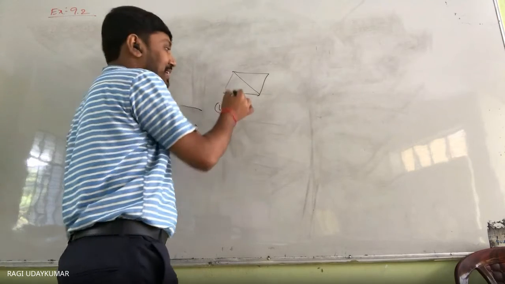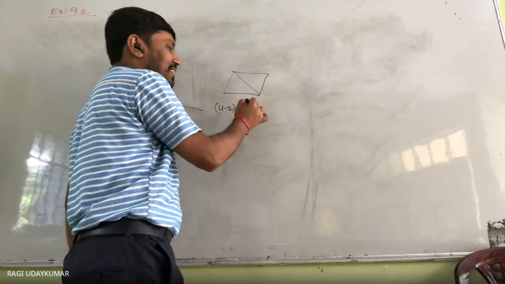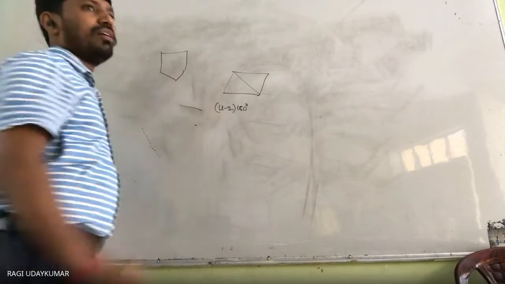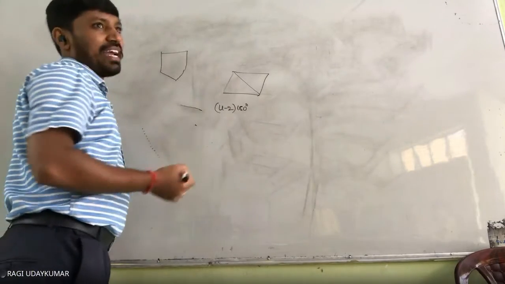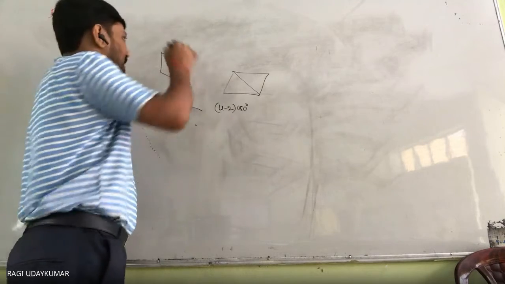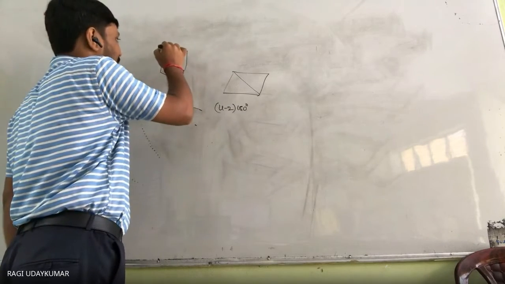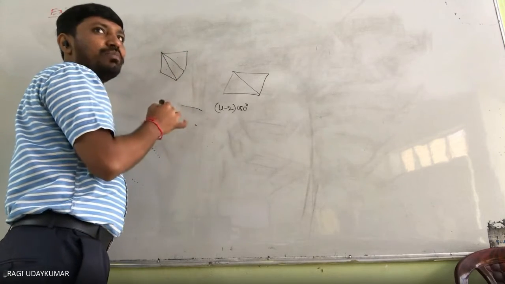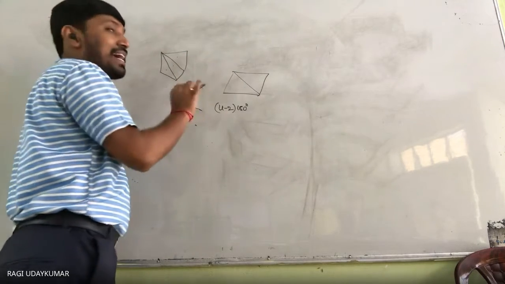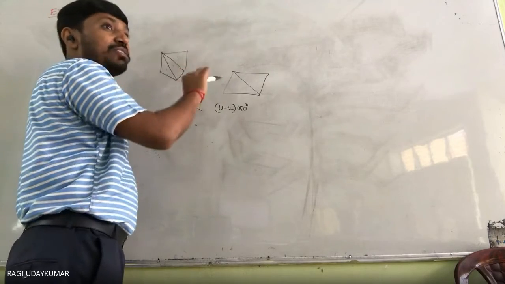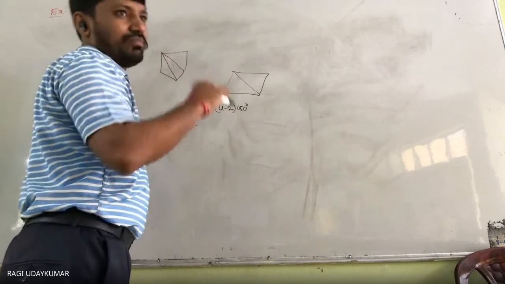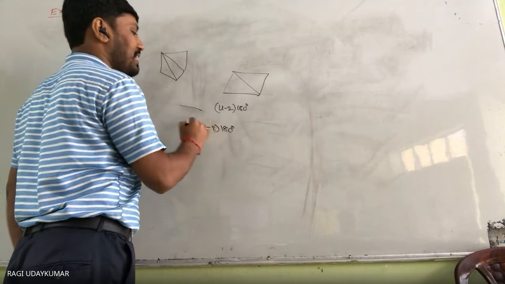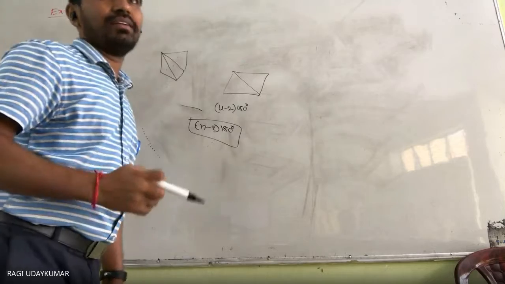One triangle has 180 degrees, right? If you take a pentagon like this, how many triangles are there? Dividing with diagonals like this, this is one, this is one triangle, this is one triangle. 3 triangles, 3 times 180 degrees. How did 3 come? Subtract 2 from 5 sides. 5 minus 2. Like that, n minus 2 into 180 degrees is the sum of the interior angles of an n-sided polygon.